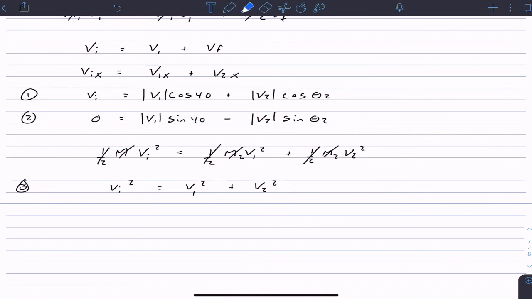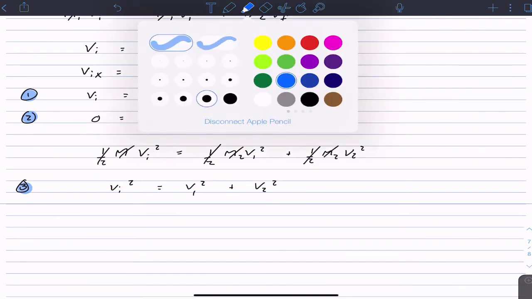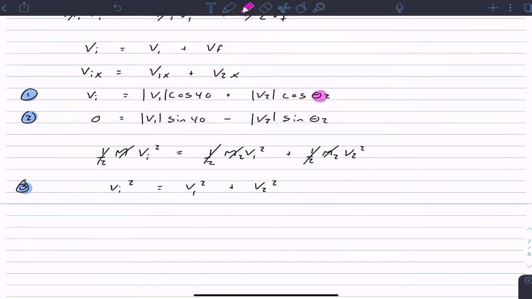So now we have 3 equations, 1, 2, 3, and 3 unknowns, right? Those appear in every equation.